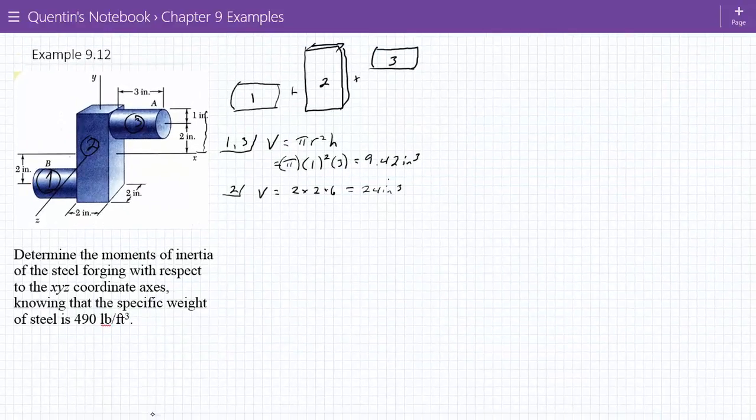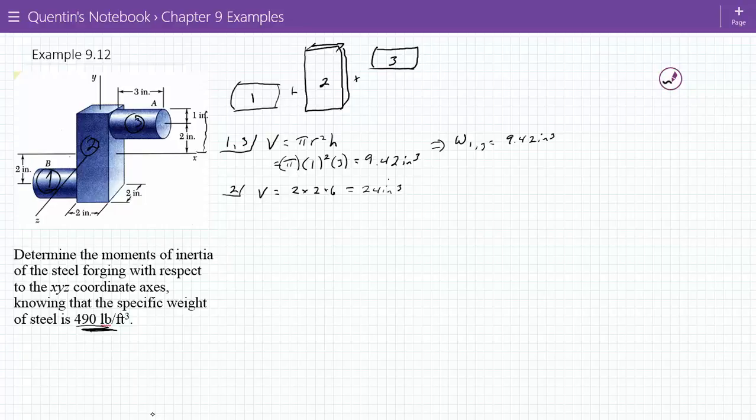Okay, so then we want the mass, but we don't have the ability to find the mass directly, so we're given the specific weight. So we can find the weight, right? The weight of 1 and 3 is going to be 9.42 inches cubed times 490 pounds per foot cubed.